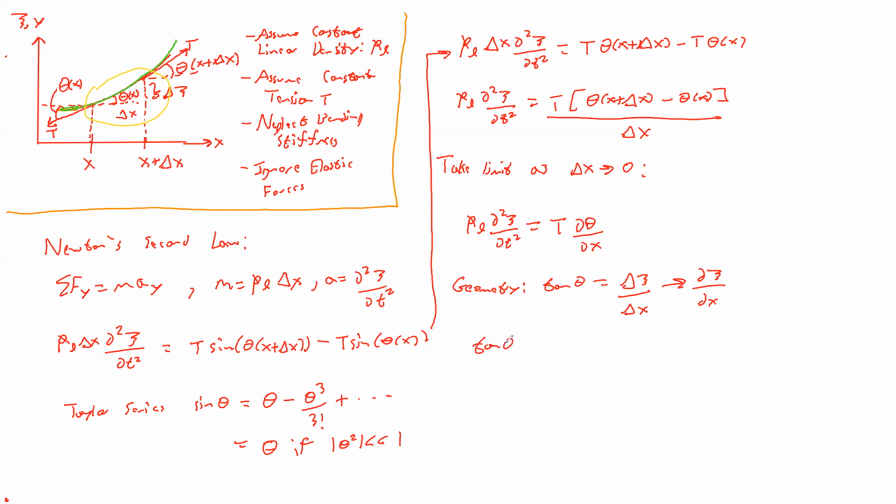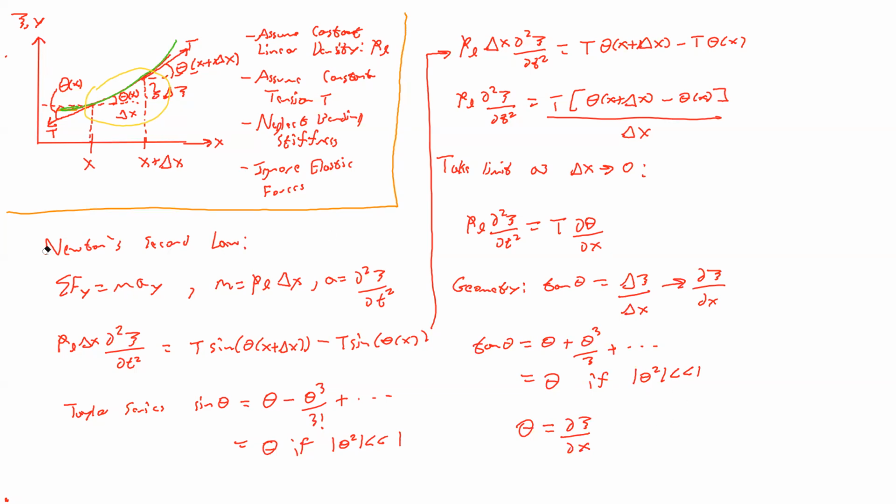So tangent of theta, if we expand about theta equals 0, is, I believe, theta plus theta cubed over 3 plus some higher order terms, which once again is equal to theta if theta squared is much, much less than 1. So we have a new relation that theta is equal to the derivative of psi with respect to x.